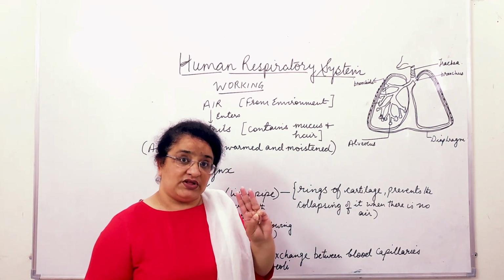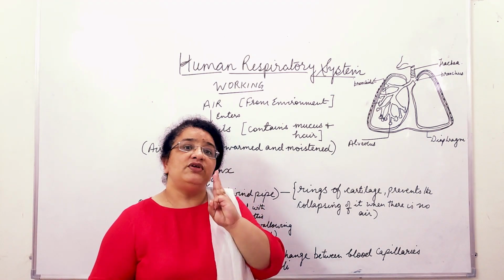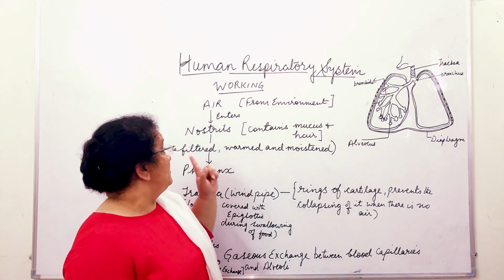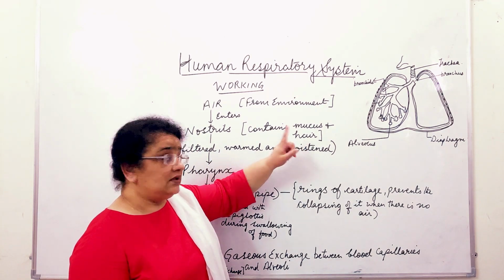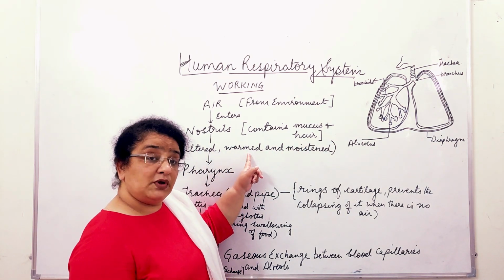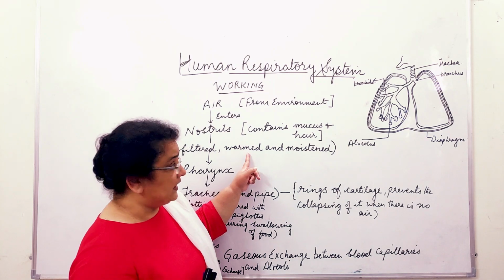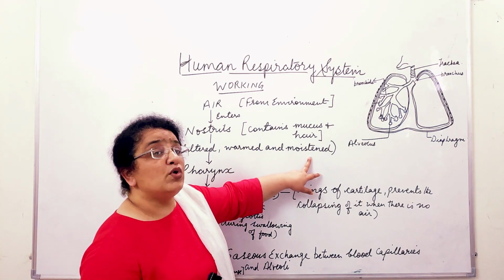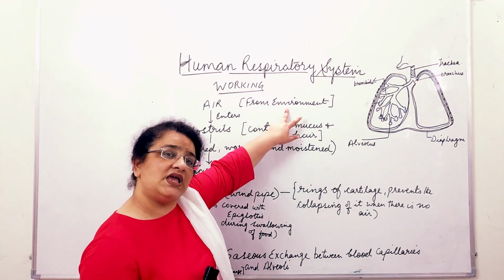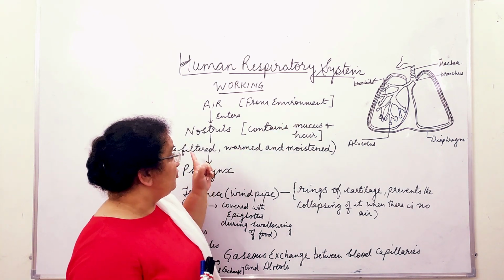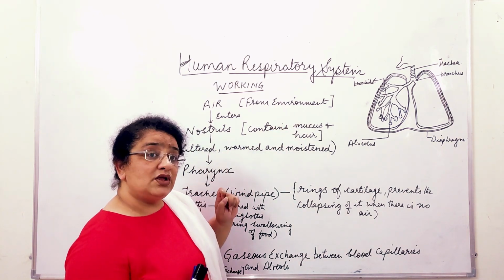You have to remember three things. When air enters the nose, three things happen to the air. First, it gets filtered, and secondly, it gets warmed because lungs do not receive cold air, and it gets moistened also because in the environment the air is dry. So you have to remember these three things happen inside the nostrils.